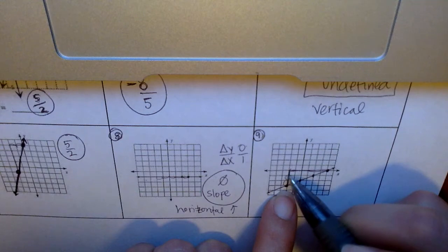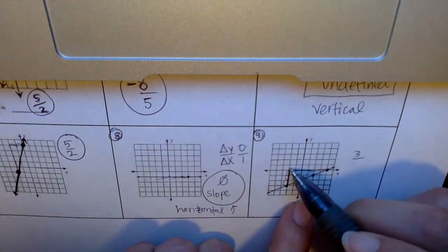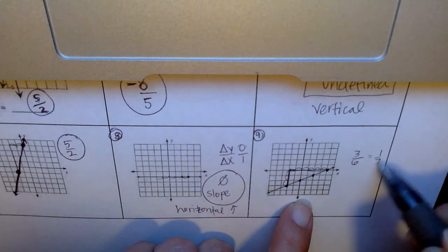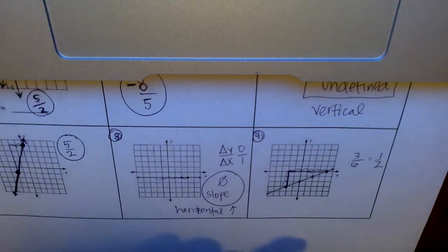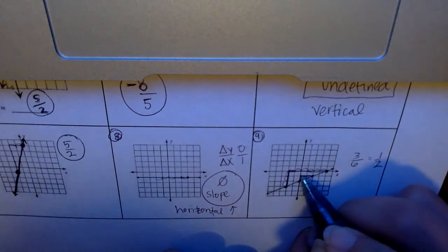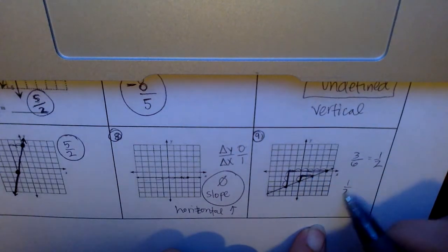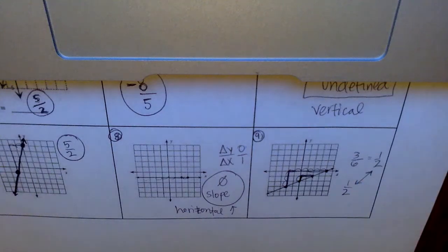And the rise, 1, 2, 3, over the run, 1, 2, 3, 4, 5, 6, which would reduce to 1/2. It's positive. Or I could take these 2 small points right here, and the rise is 1, and the run is 2. Notice, it doesn't matter which points you use, your slope is always going to reduce to 1/2.